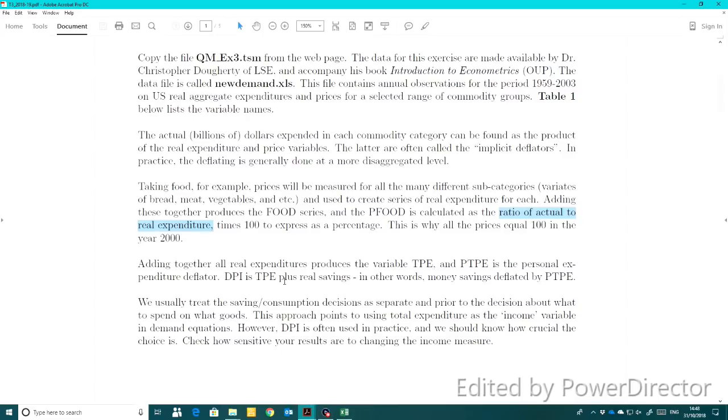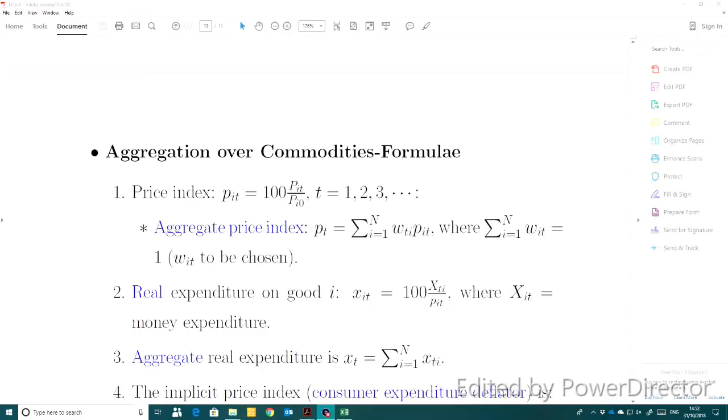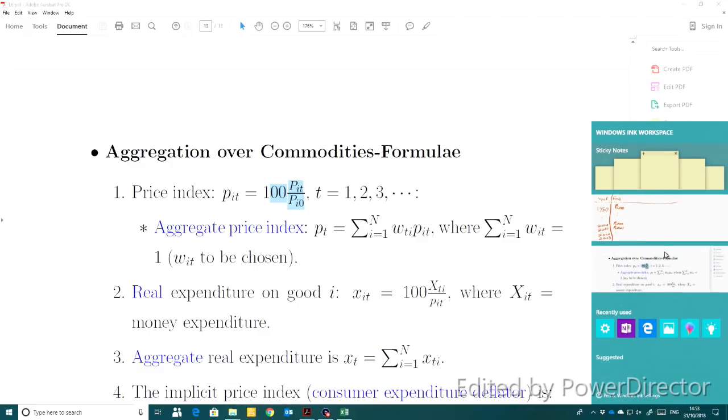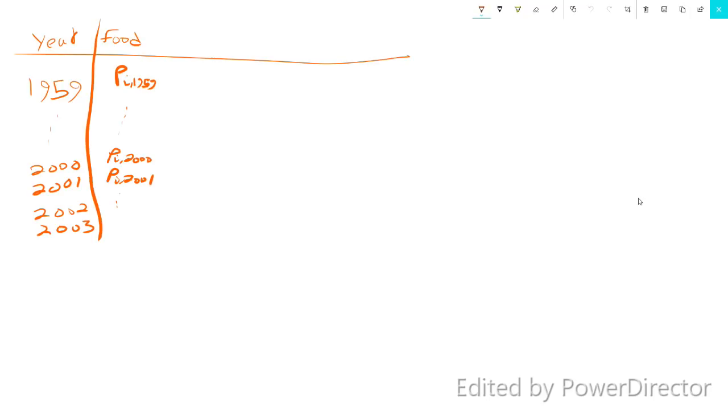Now, speaking about this, we have to go into knowing what we mean. Let's remember that the price index, small p, PIT, is equal to 100 times PIT divided by PI0. So if we go back to our sketchpad, we want to find the price index of food for each and every year, because for each year it changes.